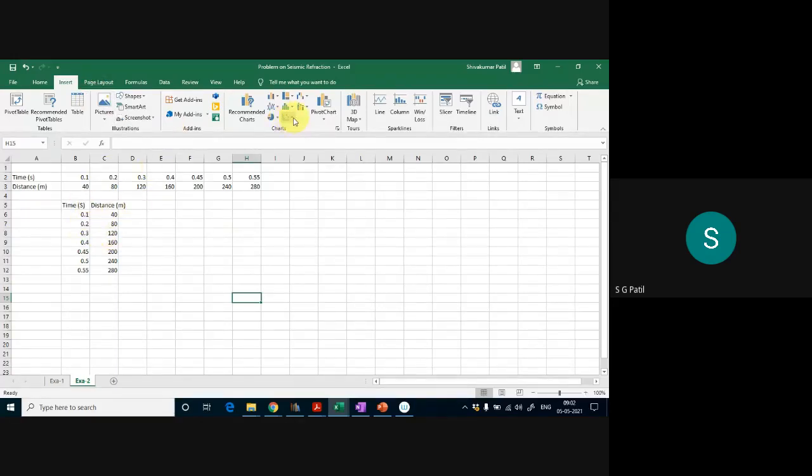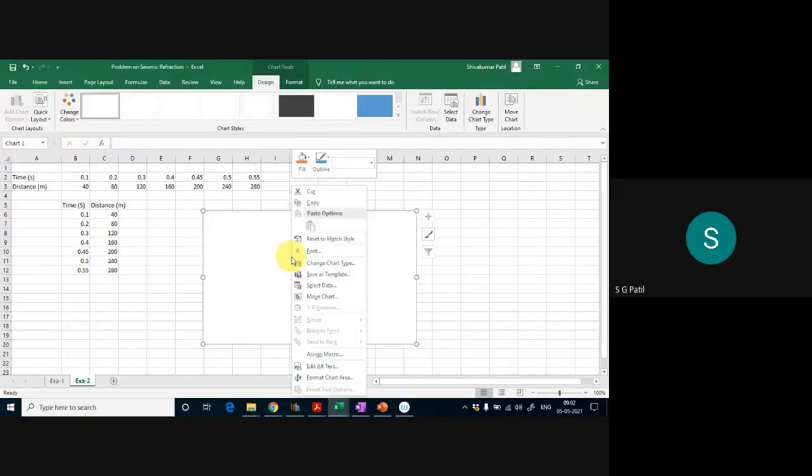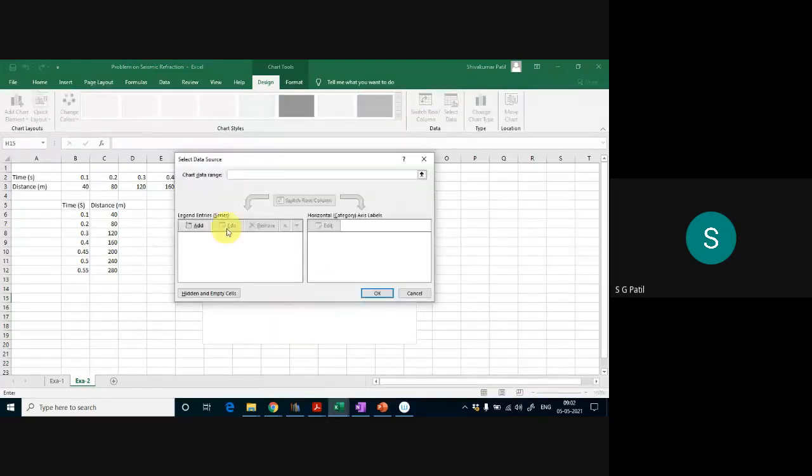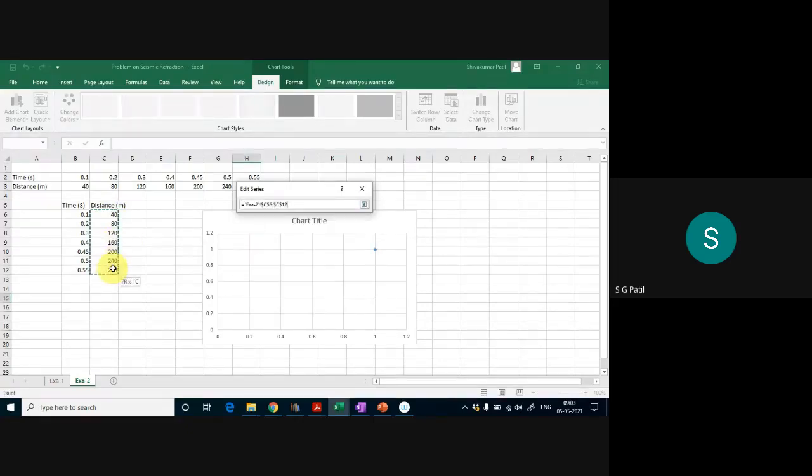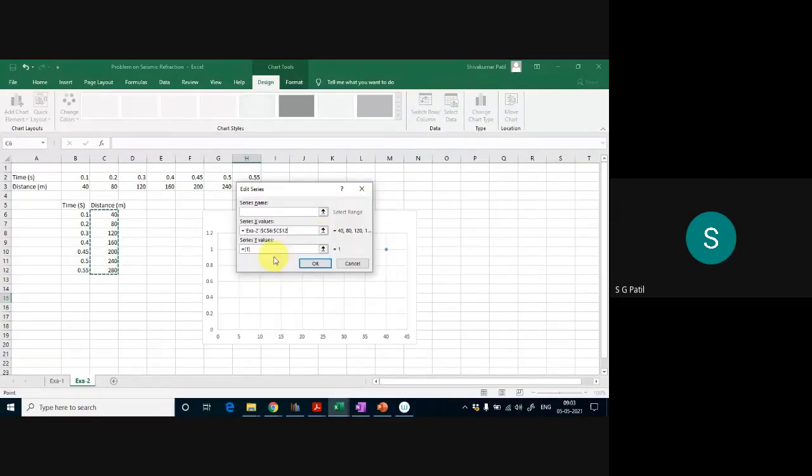Now I will draw a graph between time and distance. Insert a graph. Select data. Add. My x-axis is the source to geophone distance, and my y-axis is time.